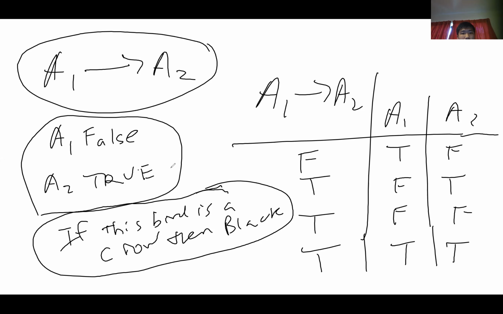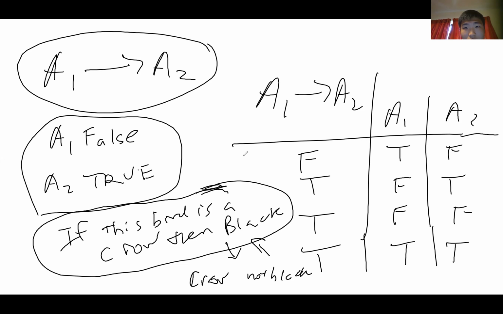Does that make sense? Right. So if it is the case that we have a bird that is a crow, and it's not black, then this whole statement is false. Because our statement is saying if this bird is a crow, then it must be black, right? Does that kind of make sense? Sort of. I guess logic is kind of abstract and weird at first, so it might be kind of confusing. But yeah, it is pretty related to English.